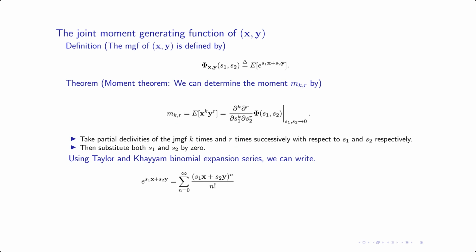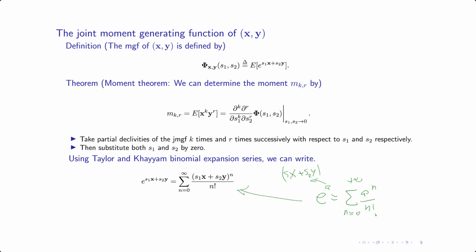Now, another thing you may do is that you know that e to the power of a is equal to the summation of a to the power of n divided by n factorial, for n equal 0 to plus infinity. Now, if you replace this a by s1x plus s2y, you quickly get this expression.